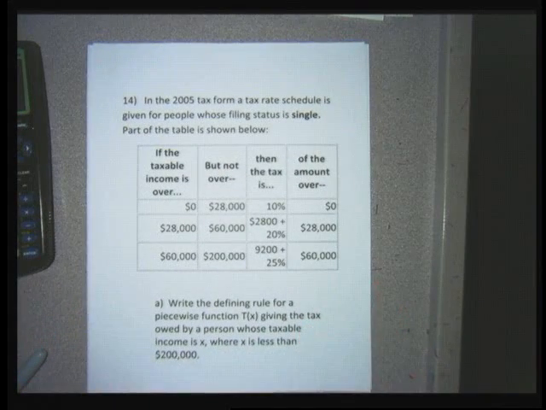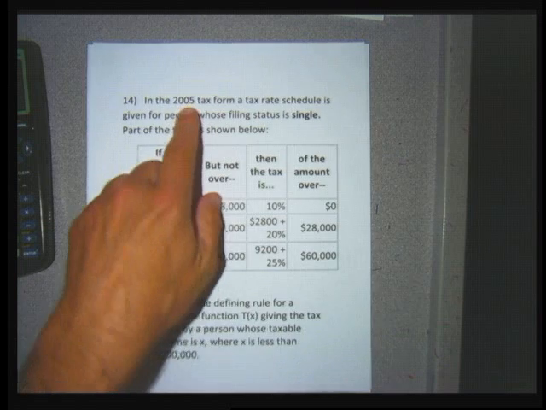2 word problems that we need to deal with, and I found these online just because I thought they were at least moderately relevant, and although this is from 2005.